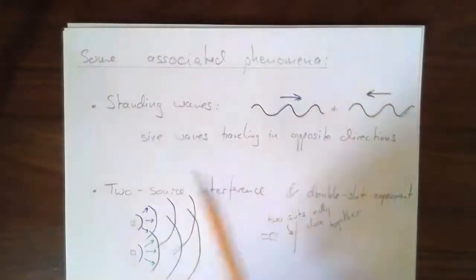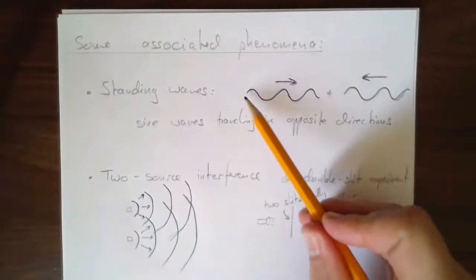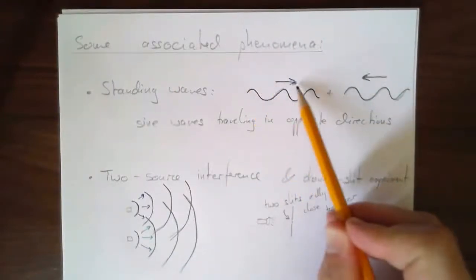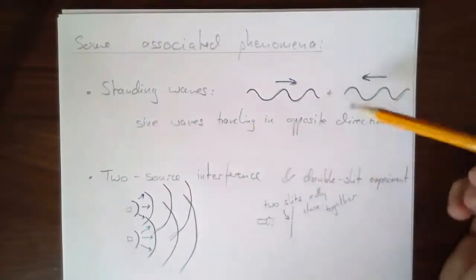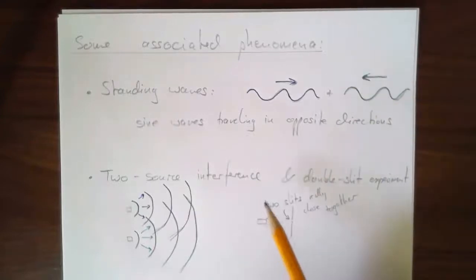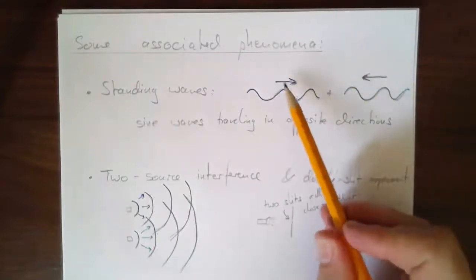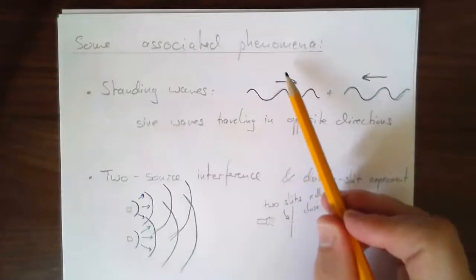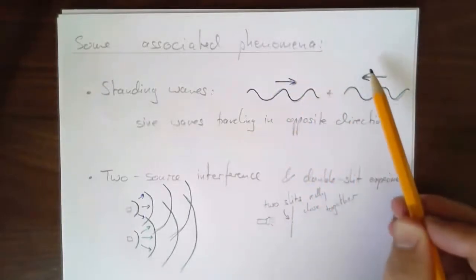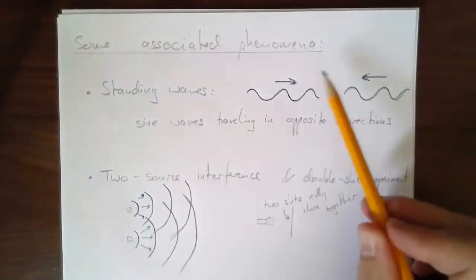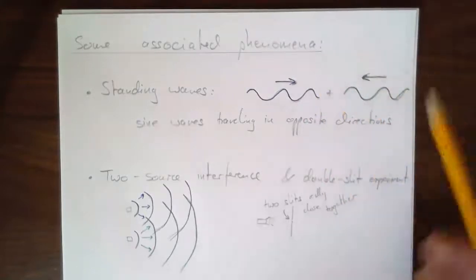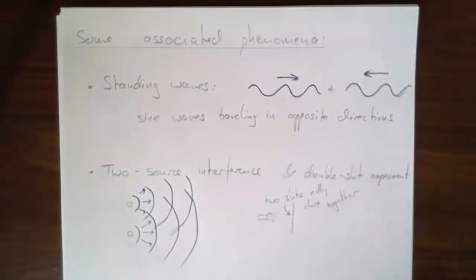The first one is going to be standing waves. Standing waves is going to be a sine wave traveling in one direction, and an identical sine wave going in the other direction. So mathematically, I'd have a sin(kx minus omega t) and a sin(kx plus omega t). Same speed, same wavelength, but opposite direction.